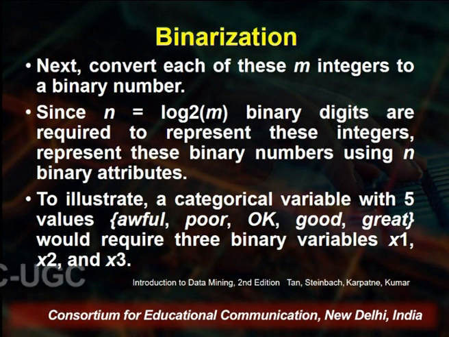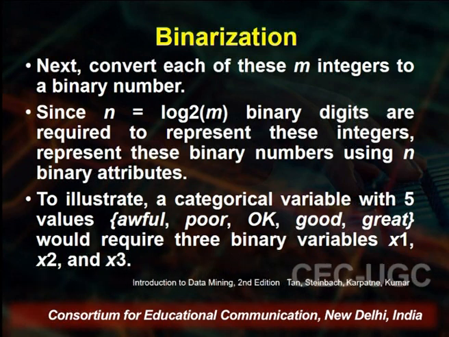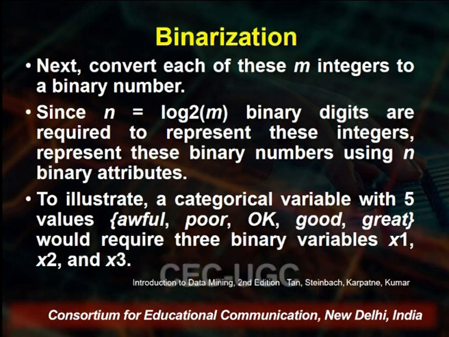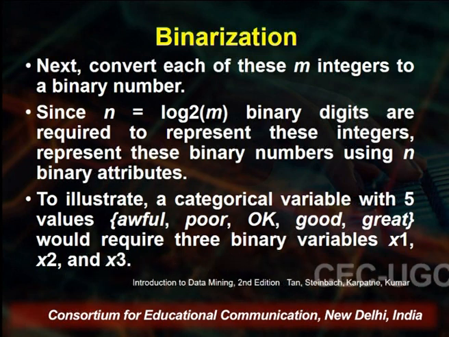So for each category we assign an integer, starting from 0, and then we convert those integers into binary numbers. You will require log of m with base 2 binary digits to represent those numbers.